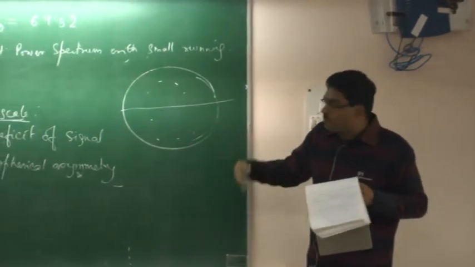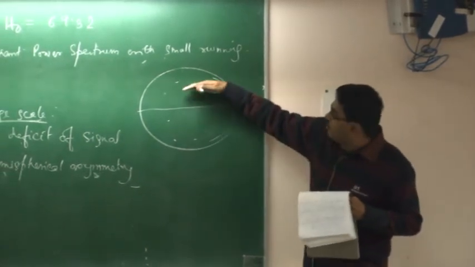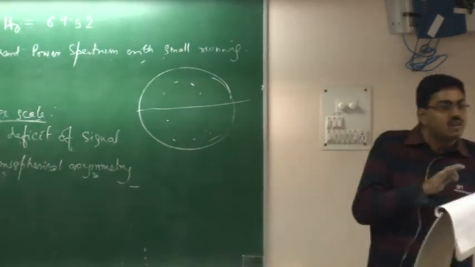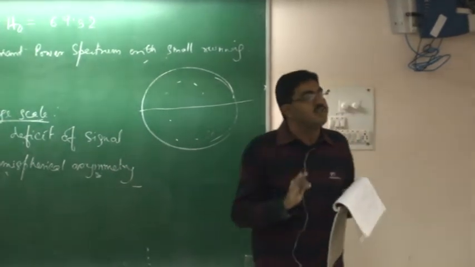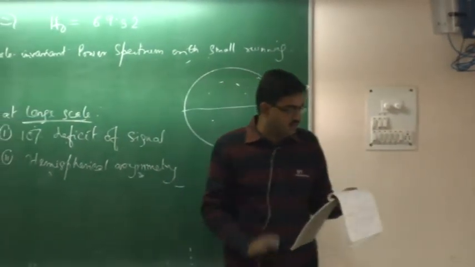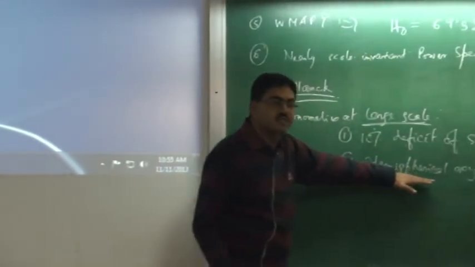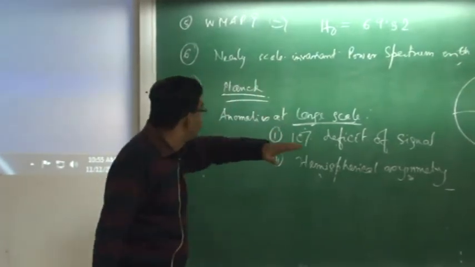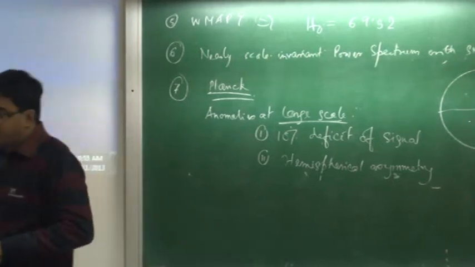There are more cold spots in the southern hemisphere, so there is hemispherical asymmetry. These two hemispheres are not just mirror images. One is not the mirror image of the other. So this is another thing which cannot be explained using your standard model. Okay, so these are the points. These things were already seen in WMAP as early as WMAP 1, but this is confirmed by Planck.